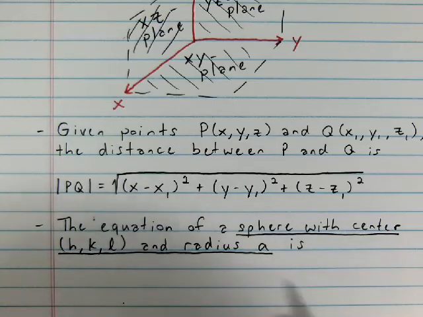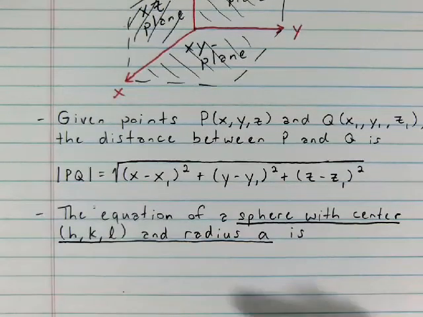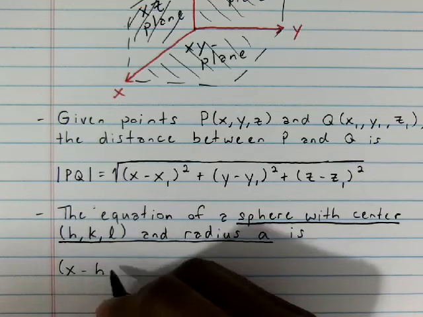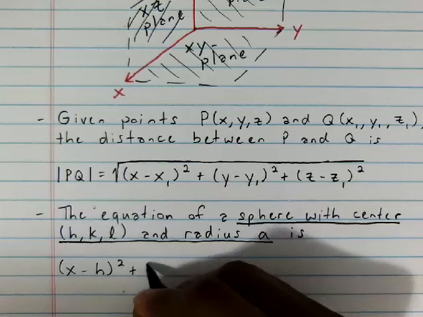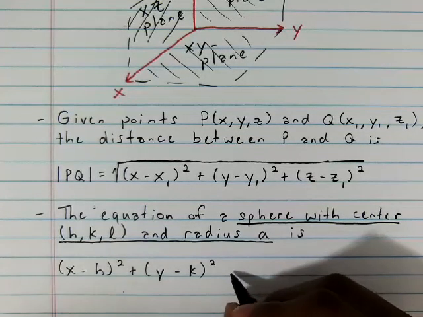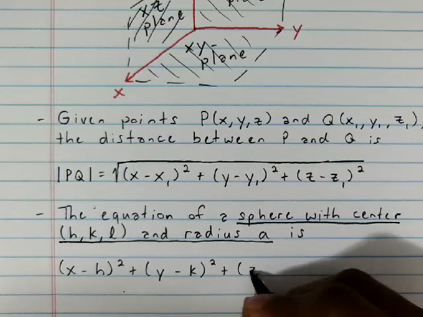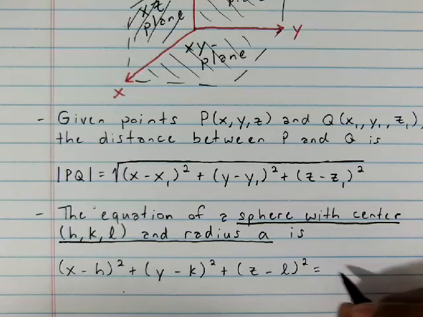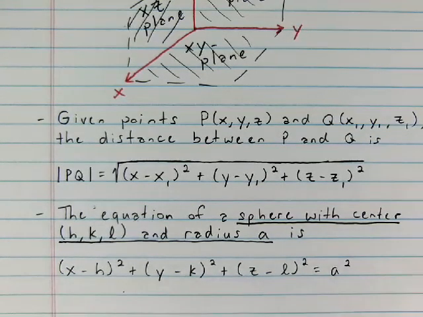So now the equation for such a sphere is x minus h quantity squared plus y minus k quantity squared plus z minus l quantity squared equals a squared.